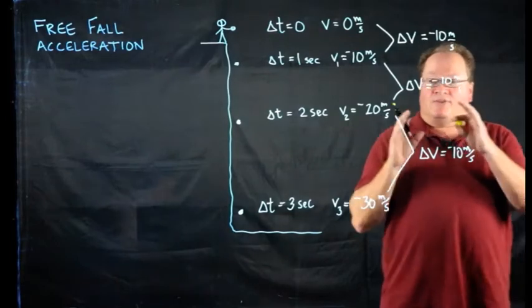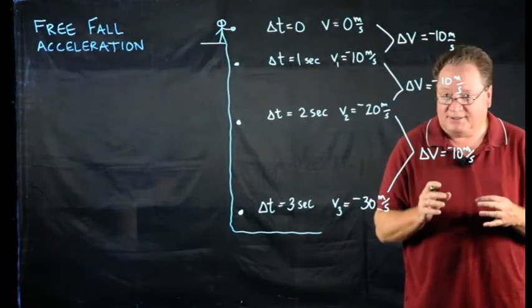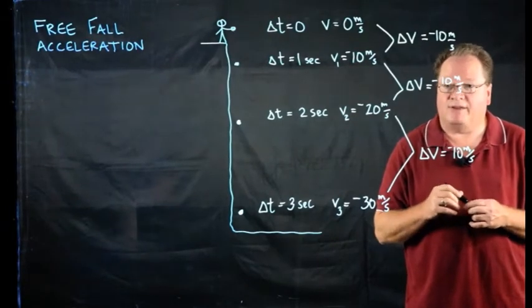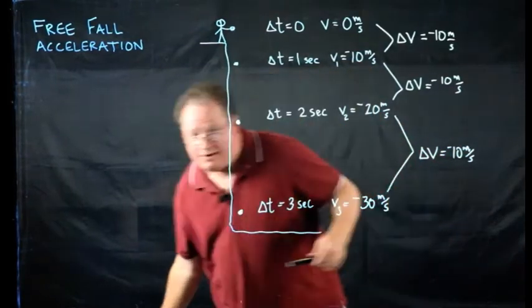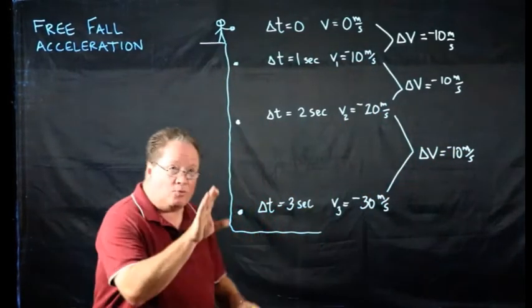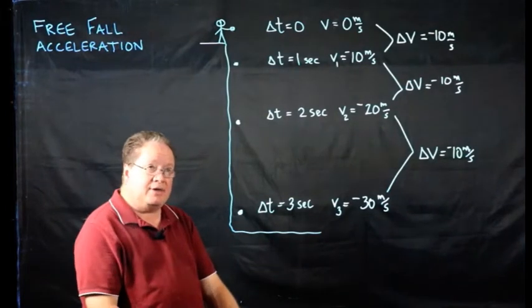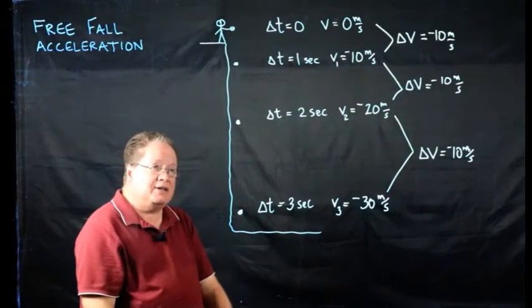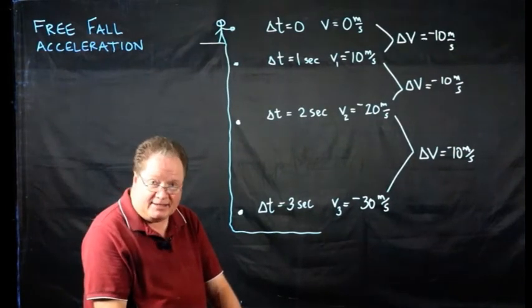All right? So the point I want to make to you guys here is that when you look at the way gravity works, it works the same all the time. It works the same every single time. By that I mean this object is going to speed up by -10 meters per second each second.